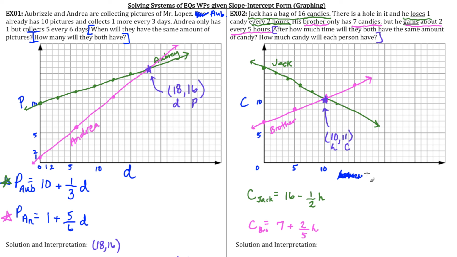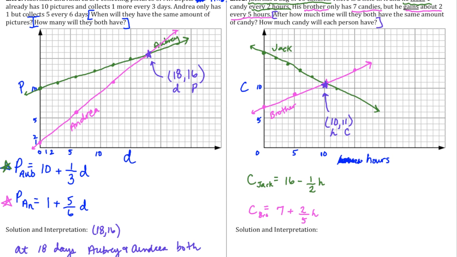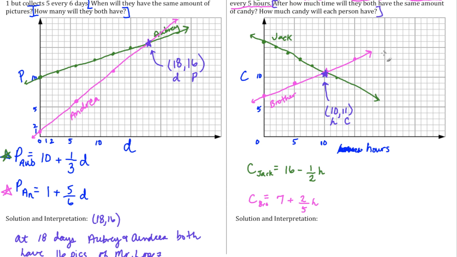It's kind of hard to read, so I'll put hours. Okay. And so this means that after 10 hours, they will both have 11 pieces of candy, or at 10 hours, right? Because after that, after 10 hours, they both have different amounts again.